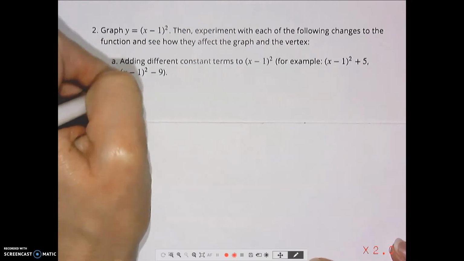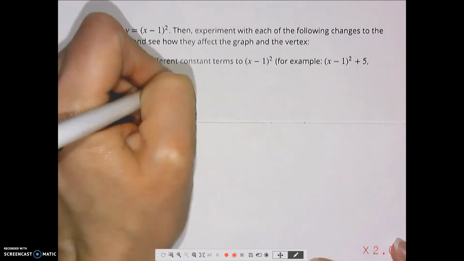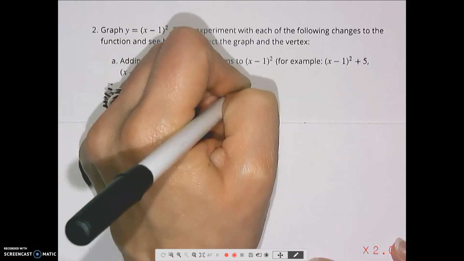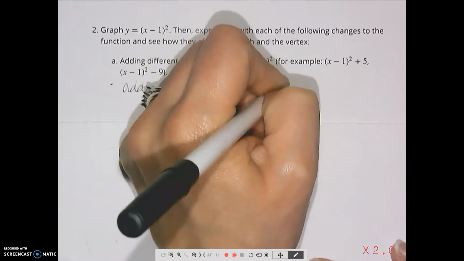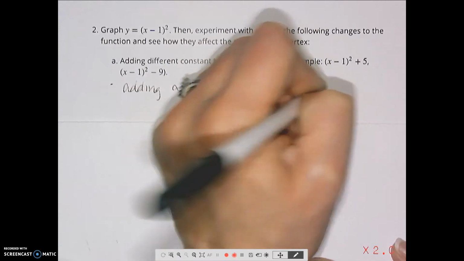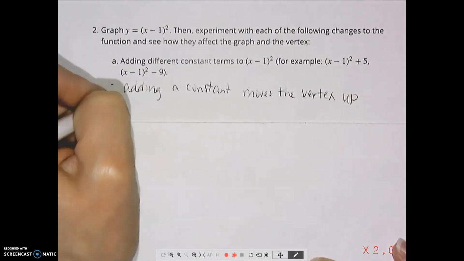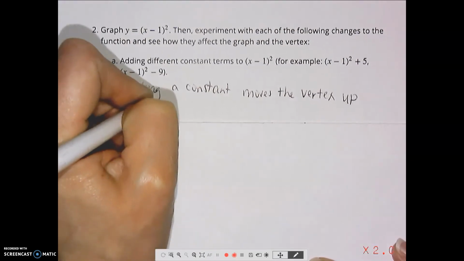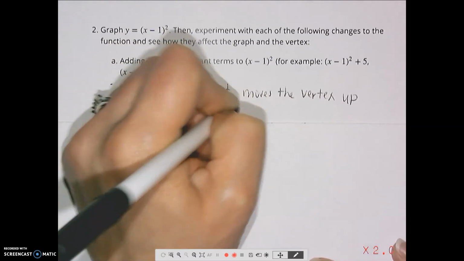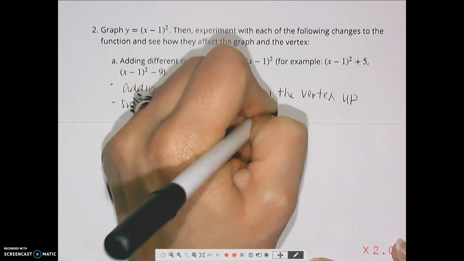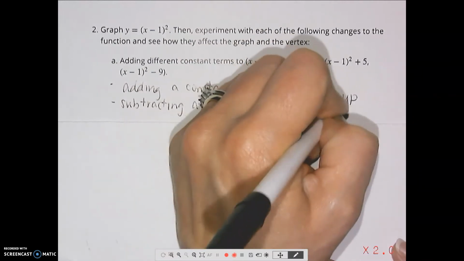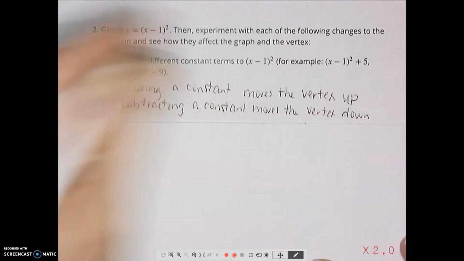All right, so adding a constant moves the vertex up. Subtracting a constant moves the vertex down.